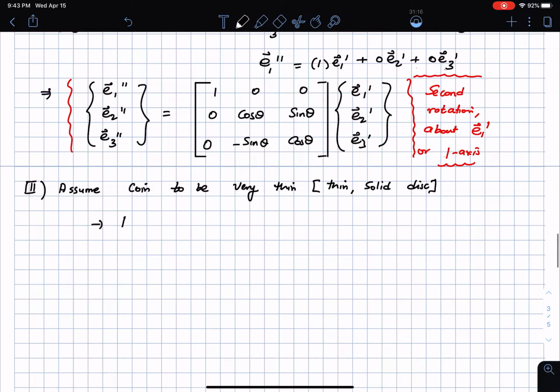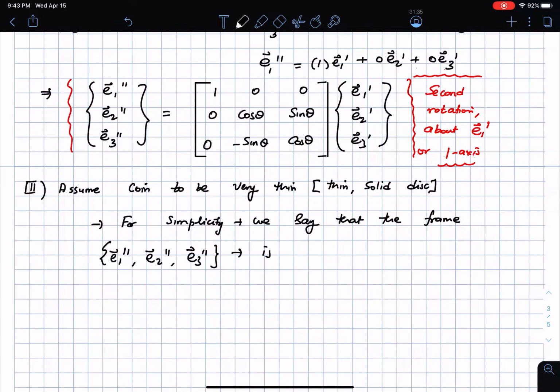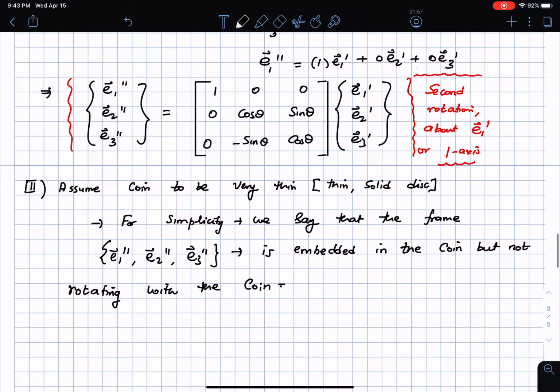So for the sake of simplicity, we say that the frame E1 double prime, E2 double prime, E3 double prime is embedded in the coin but not rotating with the coin, which means that it is not a co-rotational basis.